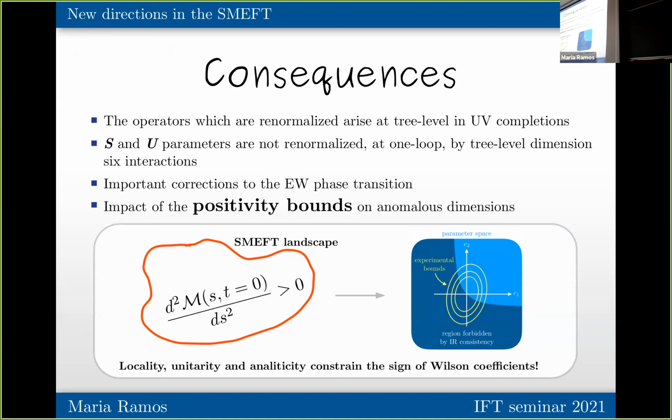And as the coefficients of dimension 8 operators enter into this condition when we compute this amplitude, this basically delimits the SMEFT landscape, in the sense that other EFTs with coefficients which do not comply with this condition cannot be UV completed.